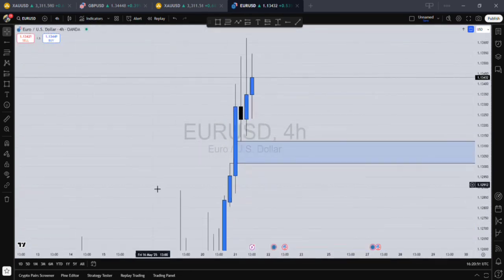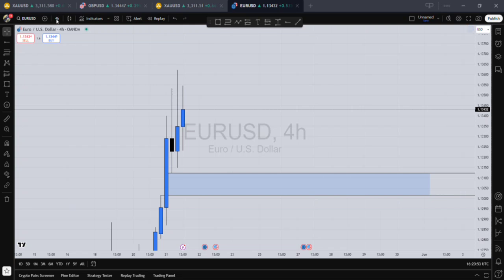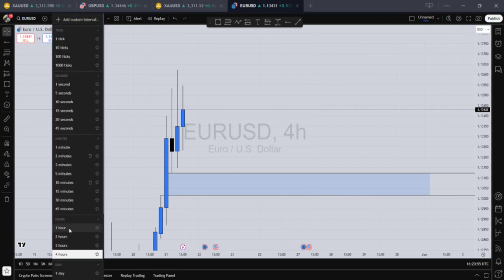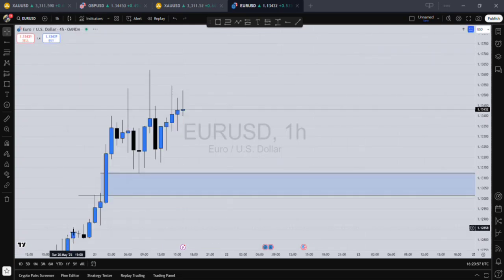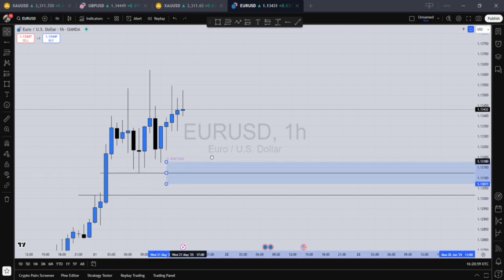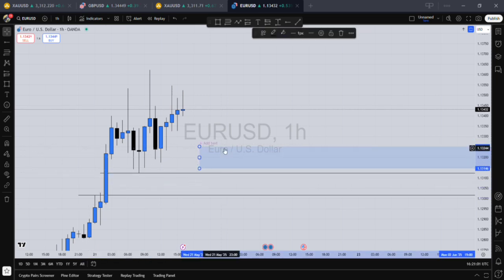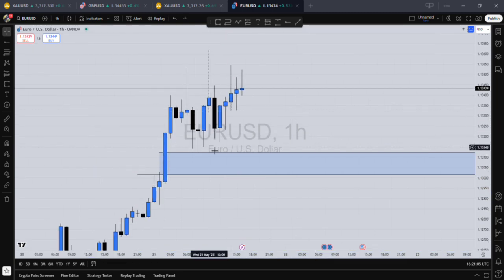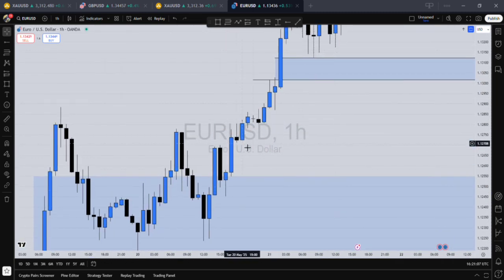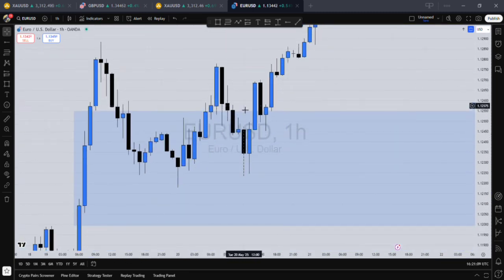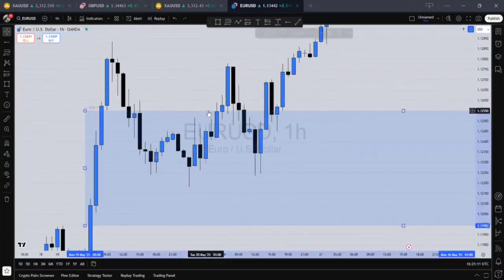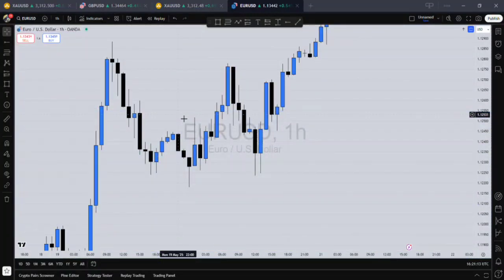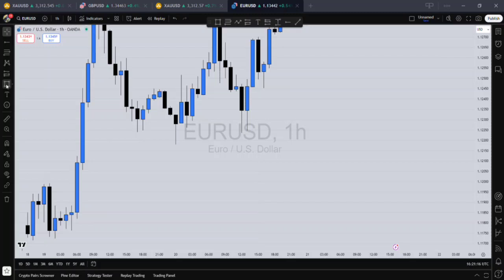Okay, so one of the major things that I use fair value gap for is to check the aggressiveness of a trend. Okay, for example, let's say price taps into this fair value gap.